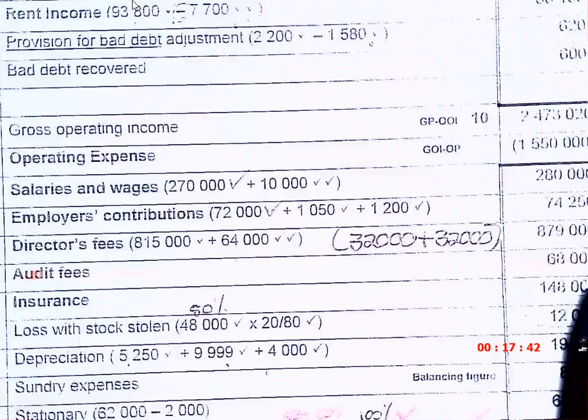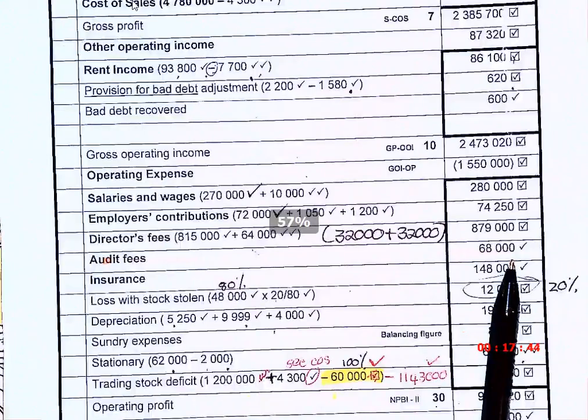Can there be a residual value in play when there's a diminishing balance method? No, because your depreciation can never be more than your carry value, because you use the carry value times the percentage. You guys see that?